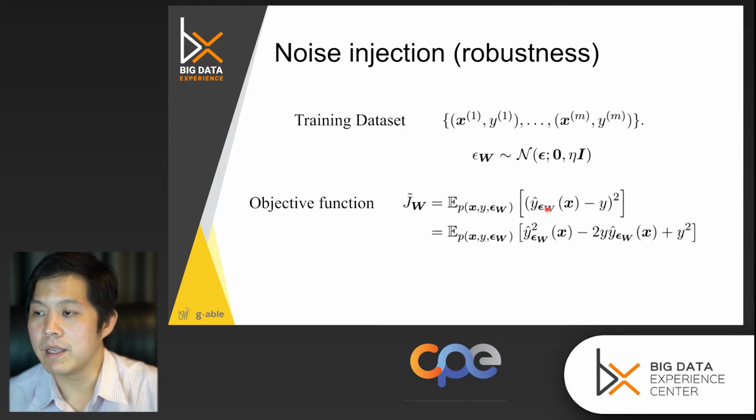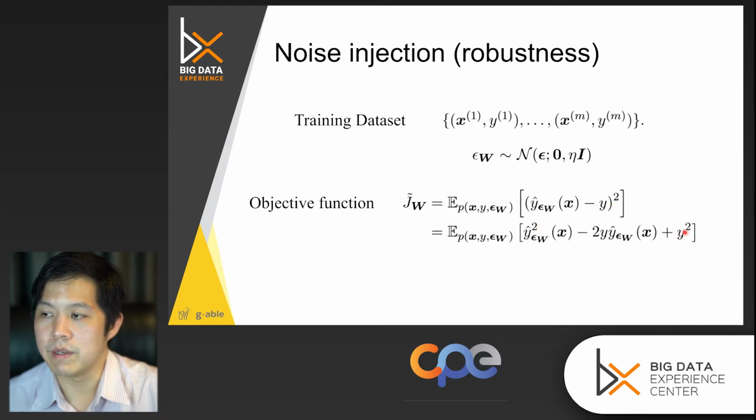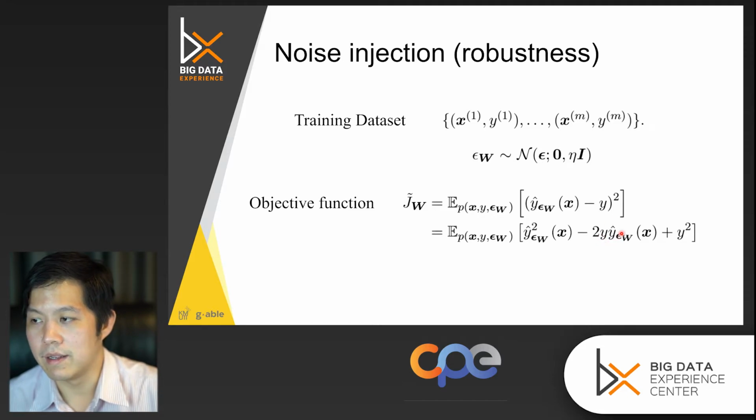The error would not be just between the two. The error would be y squared, and this would be y squared with the errors, and then the multiplication of y, and then the error of the y with the added noise.